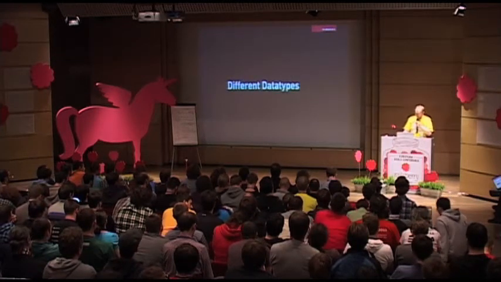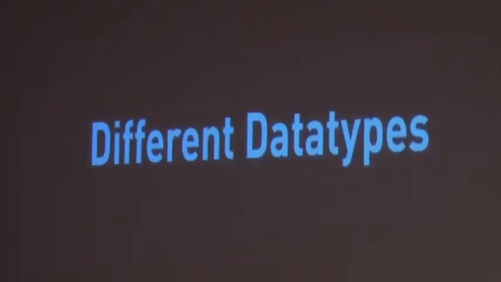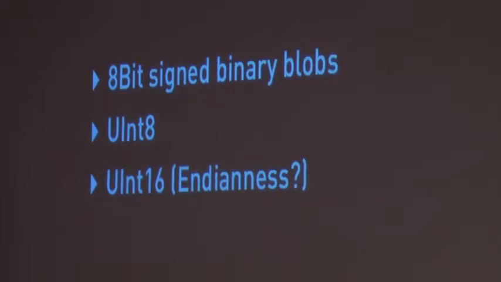And you have quite a range of different data types in a ProTracker module. You have 8-bit signed binary blobs, the samples. You have unsigned integers, 8-bit, so that would be bytes. You have unsigned integers, 16 bits. And then you suddenly have to worry about endianness of these values.